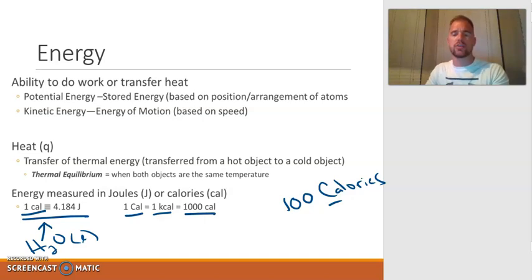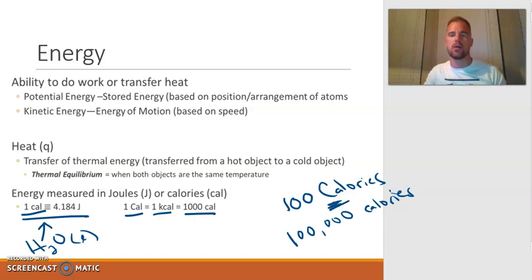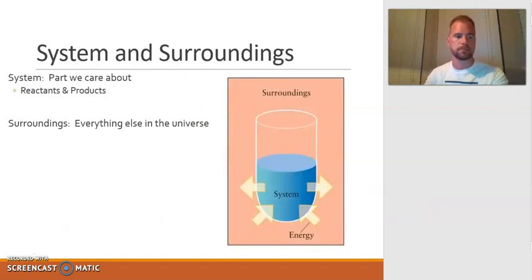So if you eat 100 calories, what you're really consuming is 100,000 little C calories. Now, before you freak out and think you're overeating, don't worry. When they say the average diet is 2,000 calories a day, they're basing it off of the big C calorie, right? So we should be consuming quite a bit of little C calories. But that's something to point out and just something to notice.